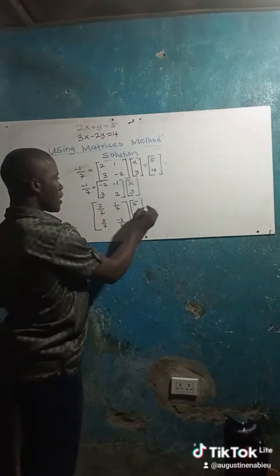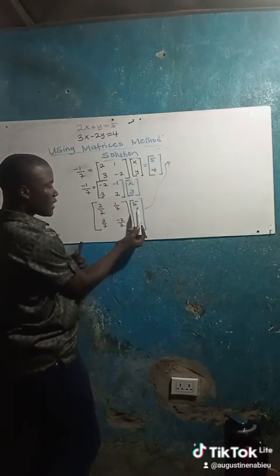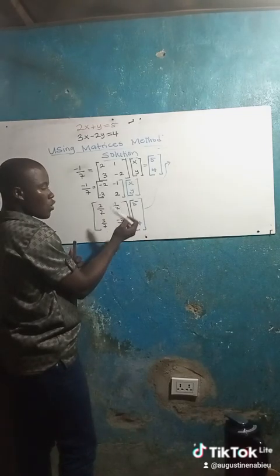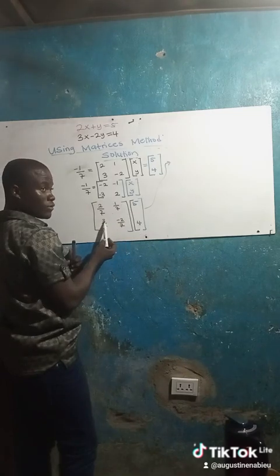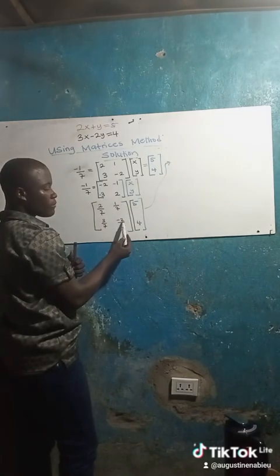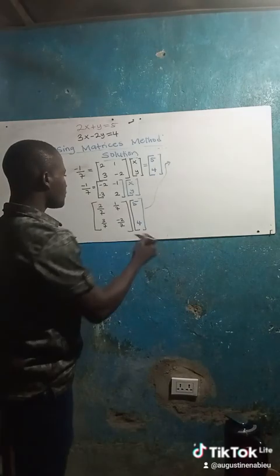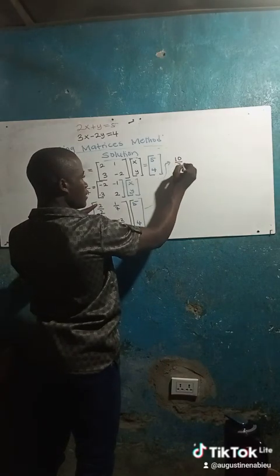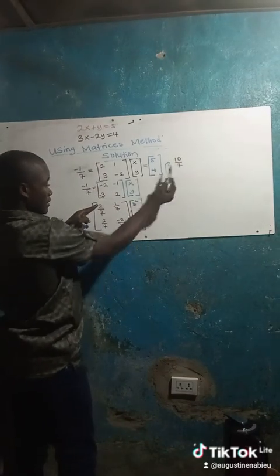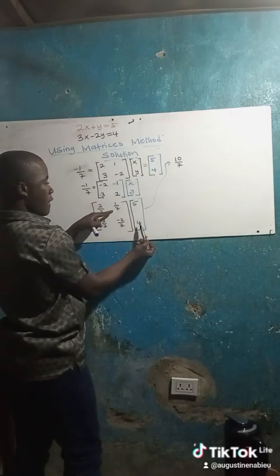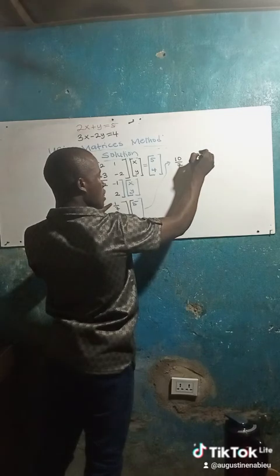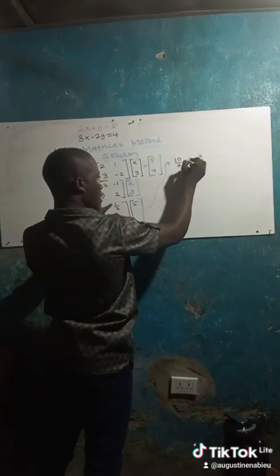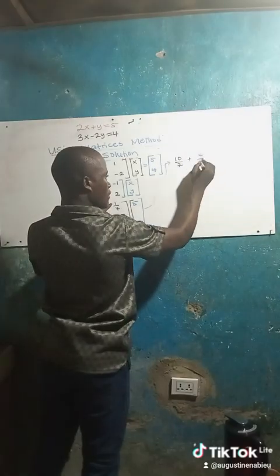We are now going to multiply the 5 by this first row's numerators, 2 and 3, and the 4 by the numerators 1 and minus 2. So 5 times 2 is 10, all over 7. 4 times 1 is 4, all over 7, plus.